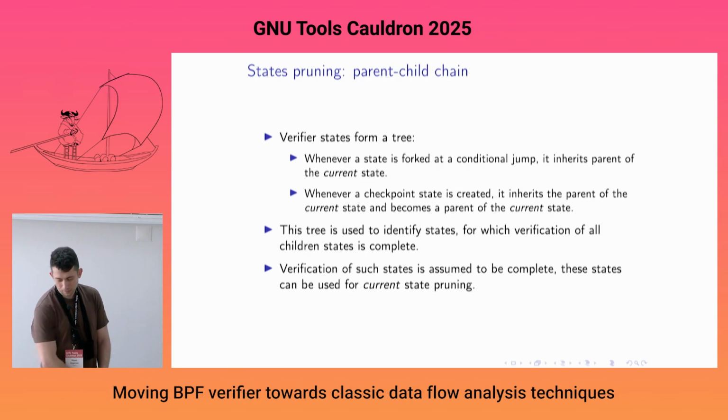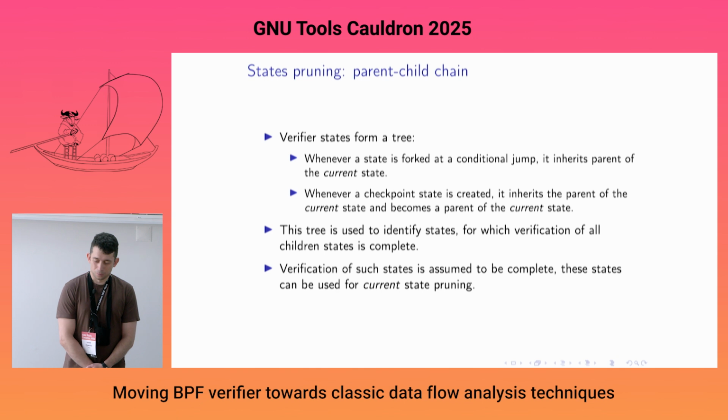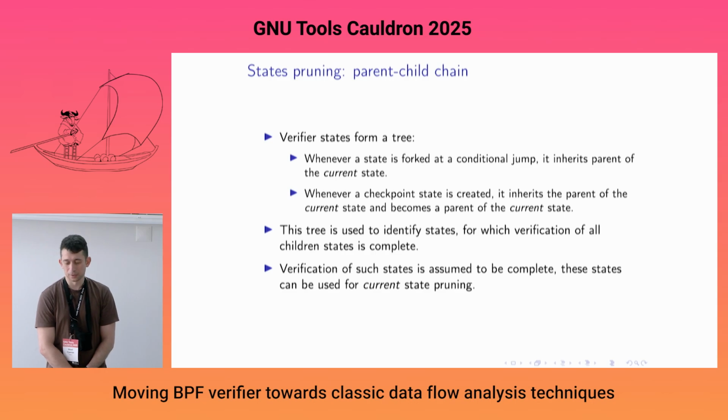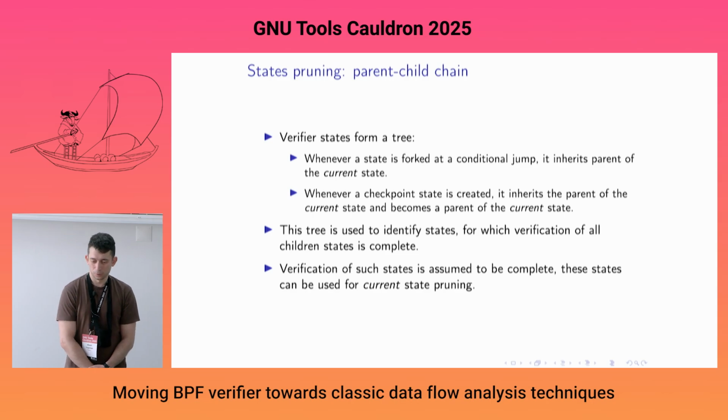While at it, we maintain backlinks for the forked states, so that we see the complete tree of the states currently under exploration. The reason this tree is necessary is to mark when all children of a certain state have been processed and verified.